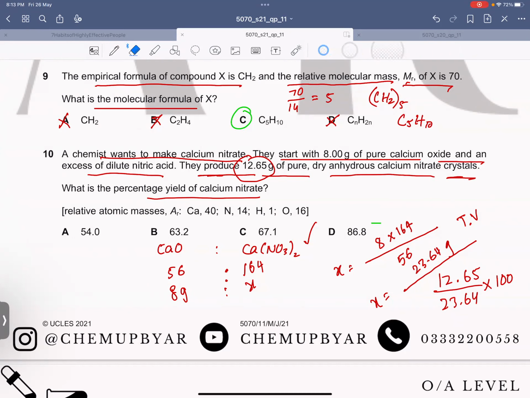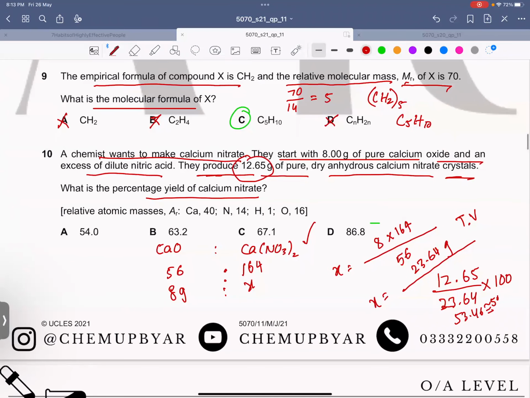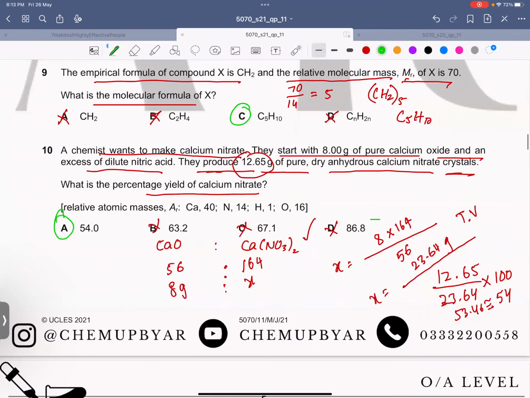So 53.46. So we will take it as 54. So B, C, and D go wrong, and A is our correct answer.